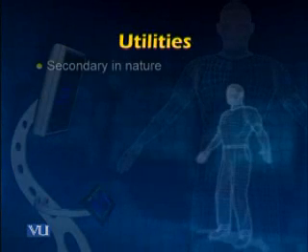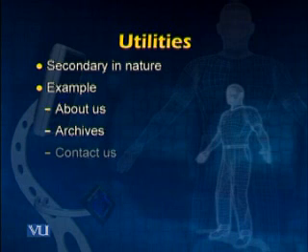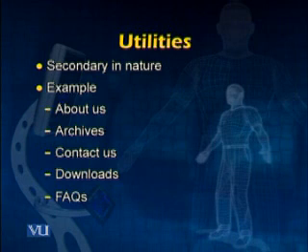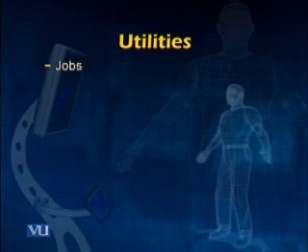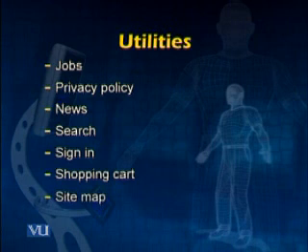So utilities are secondary in nature. इसकी examples: about us, archives, contact us, downloads, FAQs, home, jobs, privacy policy, news, search, sign in, shopping cart, sitemap, your account. So these are various examples of utilities on a website.